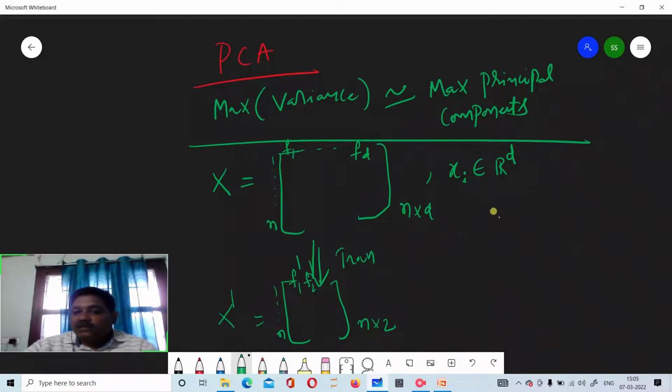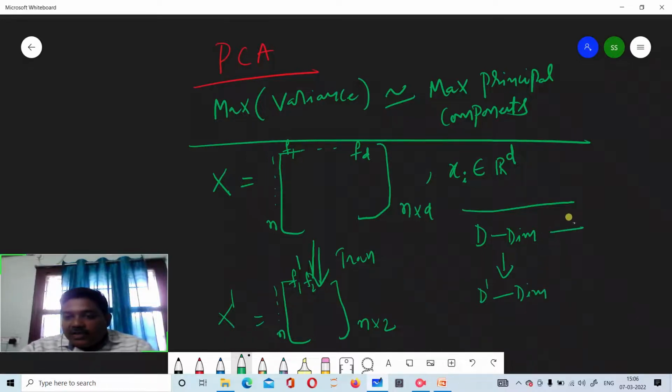Mostly feature 1 is the projected data. One interesting question in a lot of interviews: by applying PCA, your data points are D-dimensional. You are transforming to D' dimensions. Can the same data points be used or not?